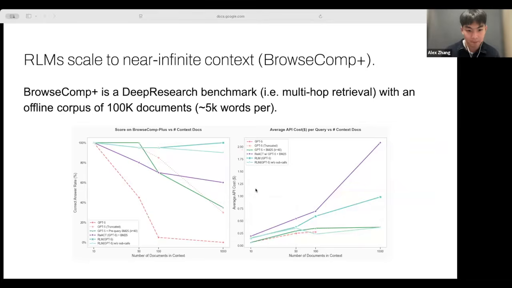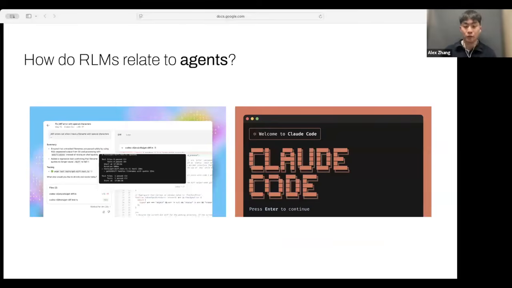Anyways, maybe the last thing before I turn this to a Q&A: one question we got a lot on Twitter was, what is the relationship between RLMs and agents like Claude Code, Codex, things like this, and why are RLMs not the same thing? There are two answers I would give.